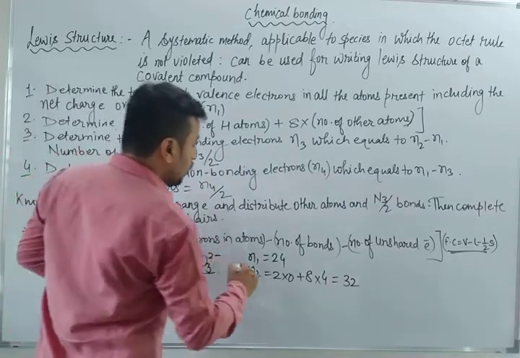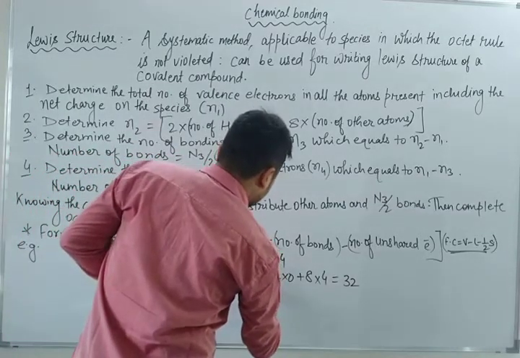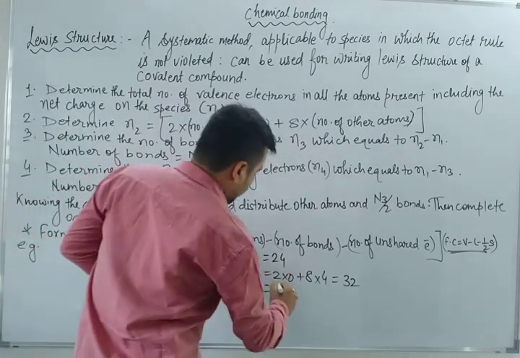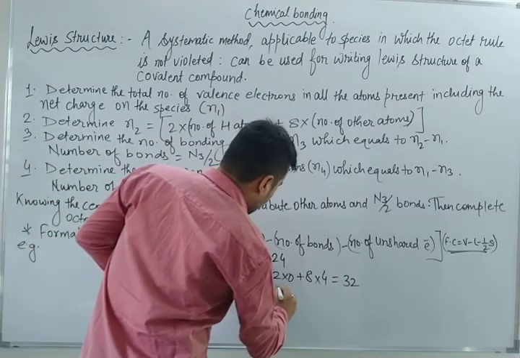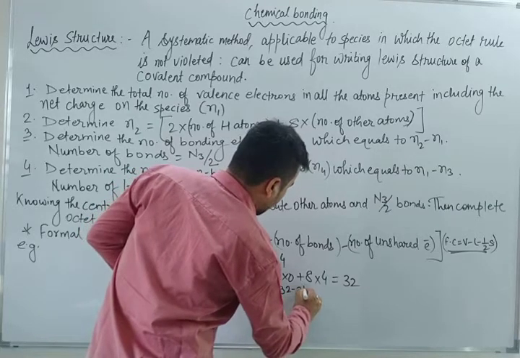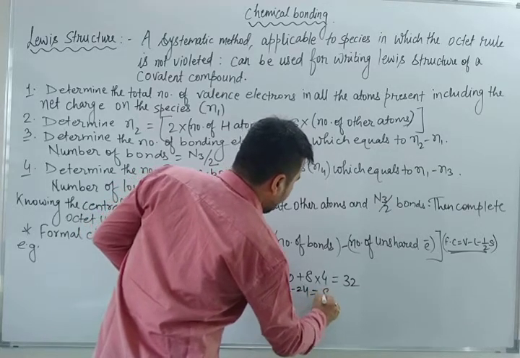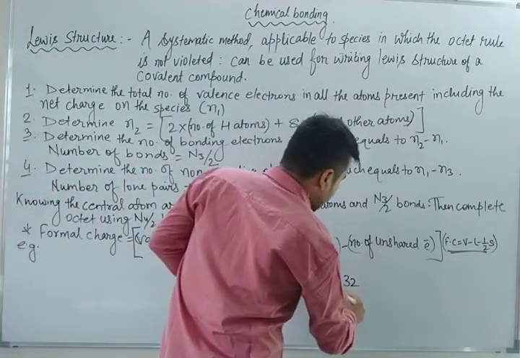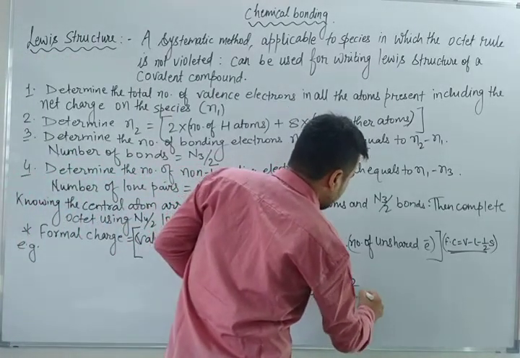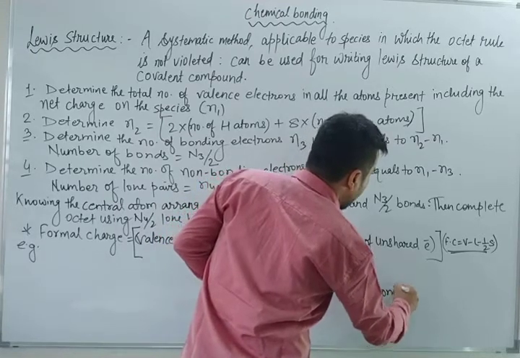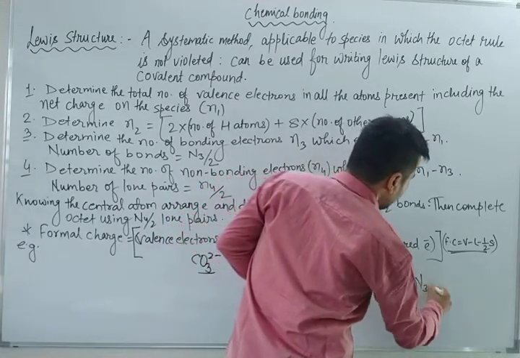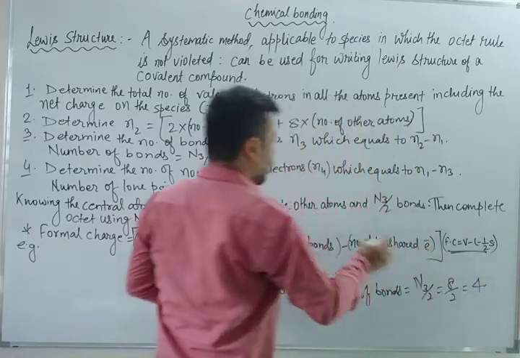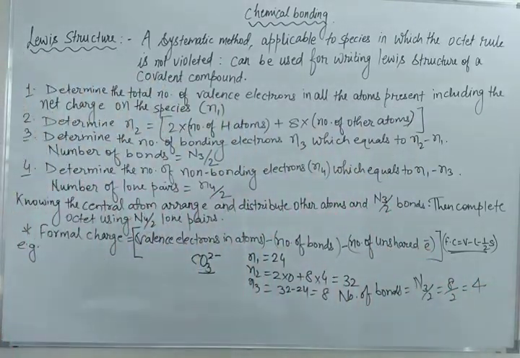N3 is equal to N2 minus N1, that is 32 minus 24, which is equal to 8. And to calculate the number of bonds, the number of bonds is equal to N3 upon 2, that is 8 upon 2, which is equal to 4. How many bonds will there be? The number of bonds will be 4.